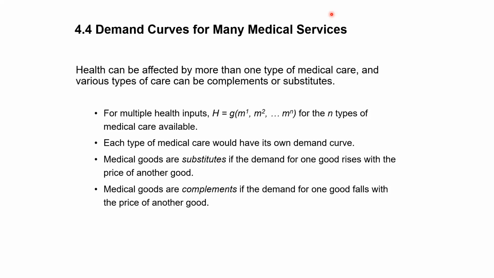Because if preventive and emergency care or acute care are substitutes, if they could be substituted for each other, then a smart health insurance program might encourage the use of preventive care, because the more preventive care you use, the less money or utilization would be used for acute care or emergency care.